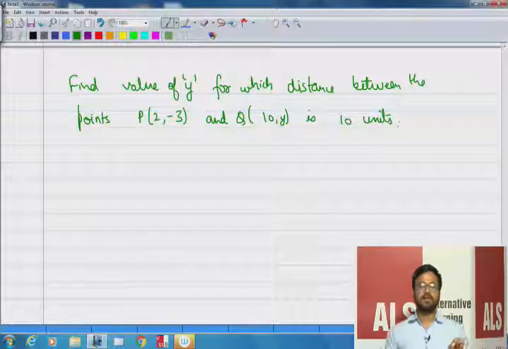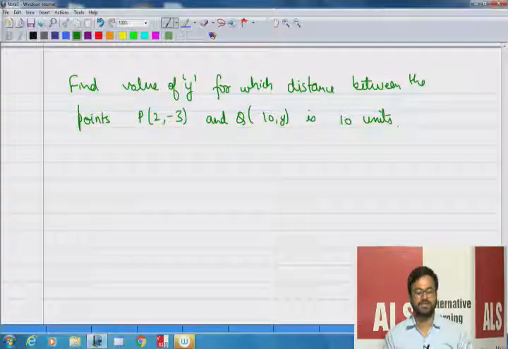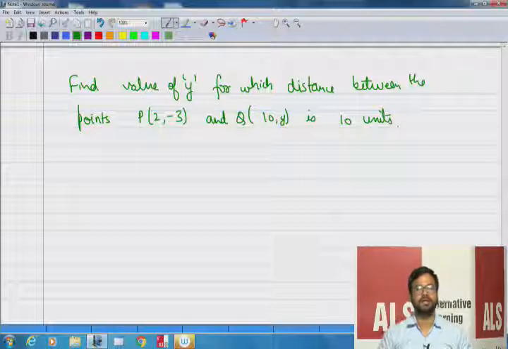Now this time the distance between these 2 points P and Q is given as 10 units, and then you have to find the value for the coordinate y. So just apply the distance formula in this one, and that distance is equal to 10. So there will be an equation, solve that equation to get the value for y.